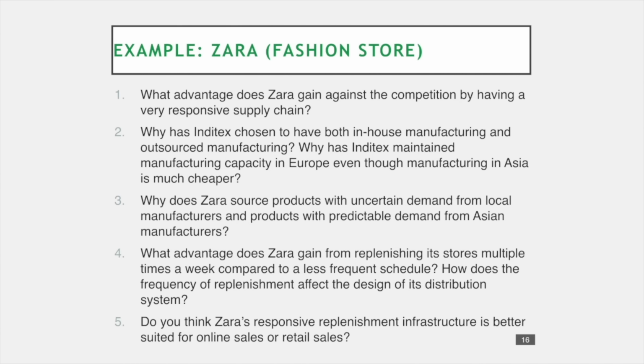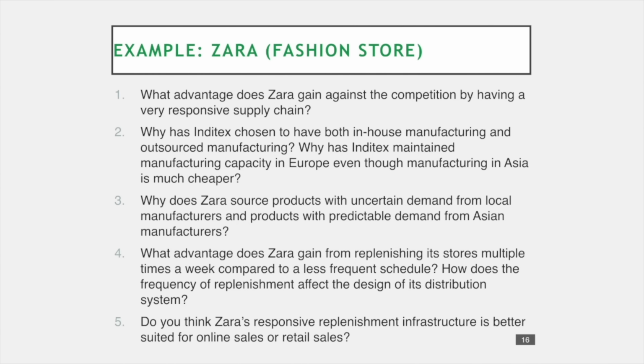Some of the supply chain questions that may come up are listed here. What advantage does Zara gain against the competition by having a very responsive supply chain? Why has Inditex chosen to have both in-house manufacturing and outsourced manufacturing? Why not just depend on in-house or totally outsource?